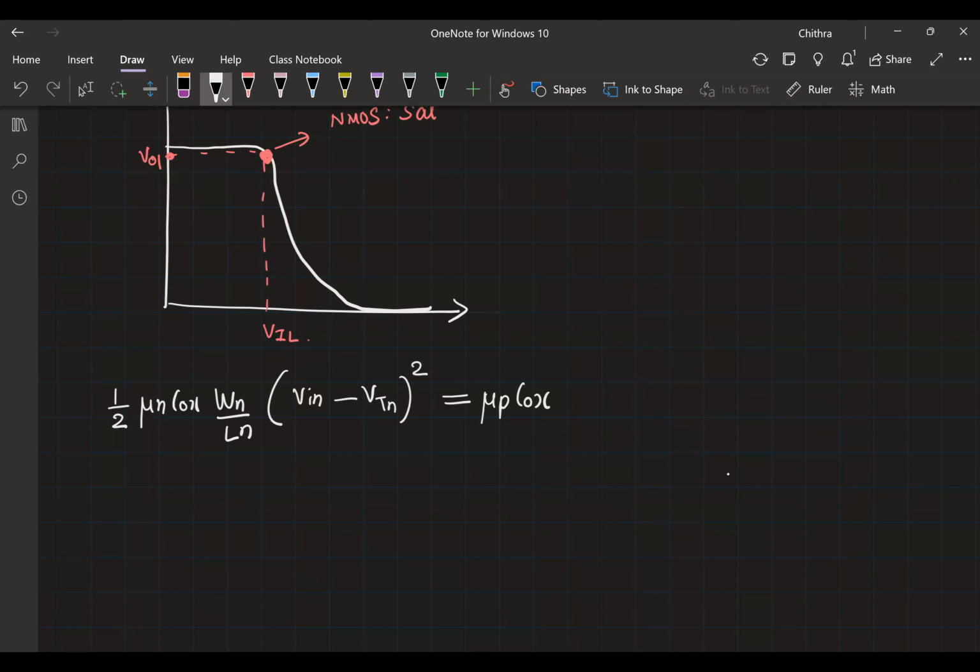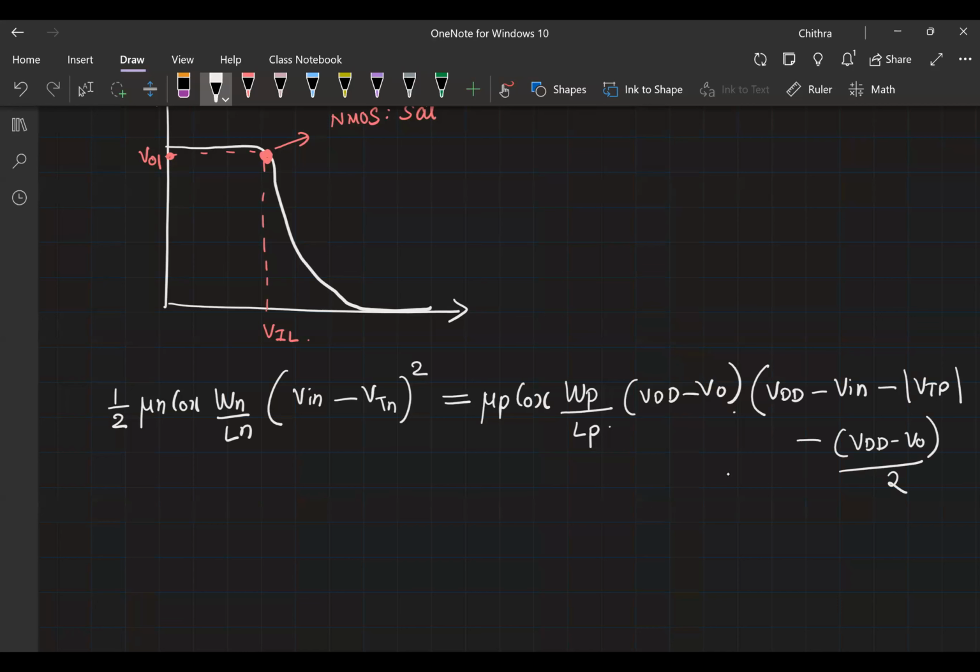Mu P COX Wp by Lp into VSD, where VSD will be equal to VDD minus V0, into VSG, which is VDD minus Vn minus mod VTP, minus VSD by 2.